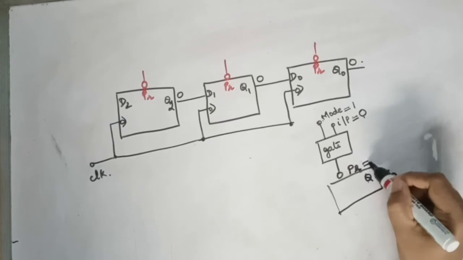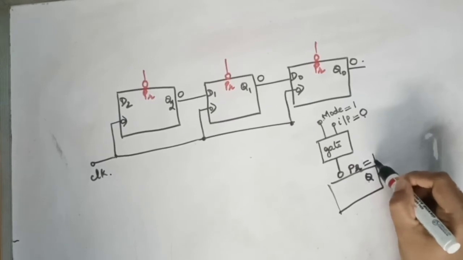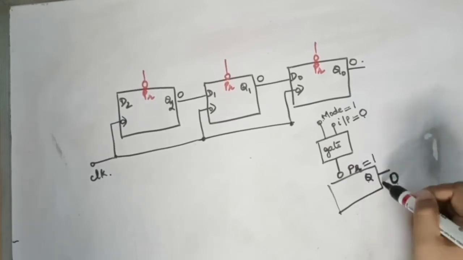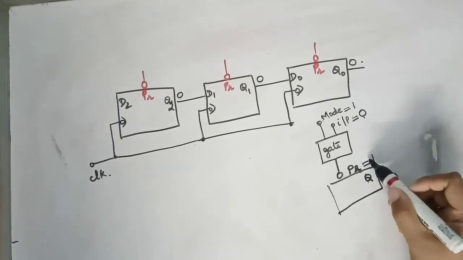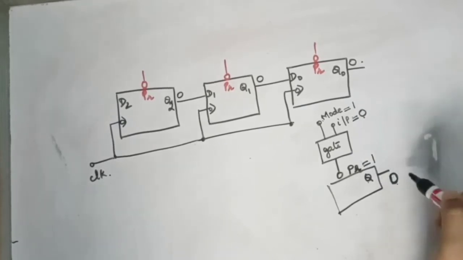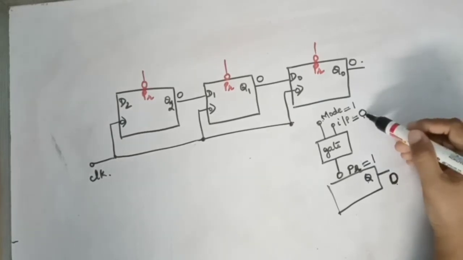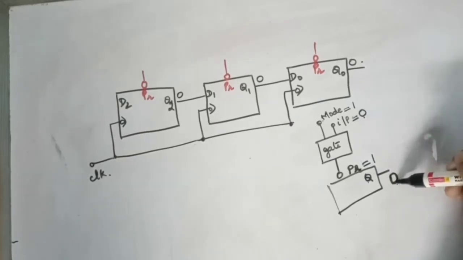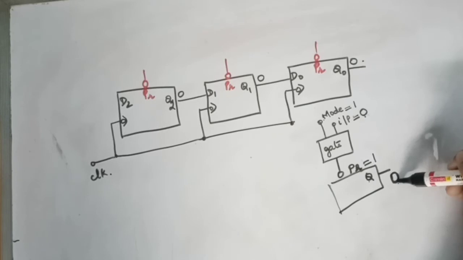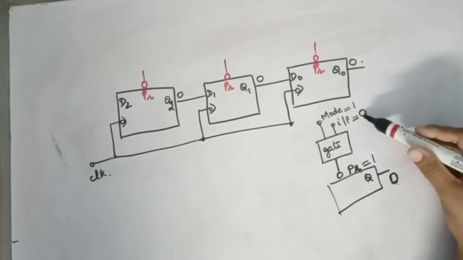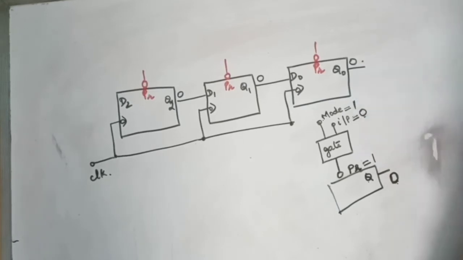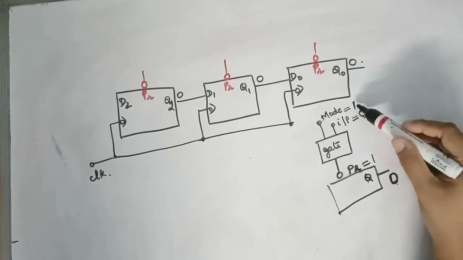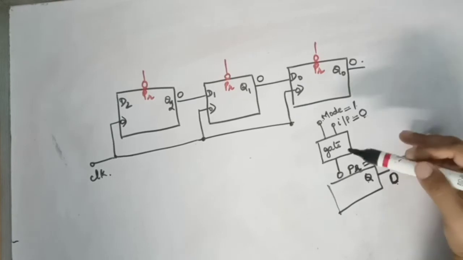If preset equals 1, then Q will remain 0. If preset equals 0, then Q will change to 1. You don't want that. So when the input is 0, this is kept at 1 itself. This just denotes that the input is taken in parallel.